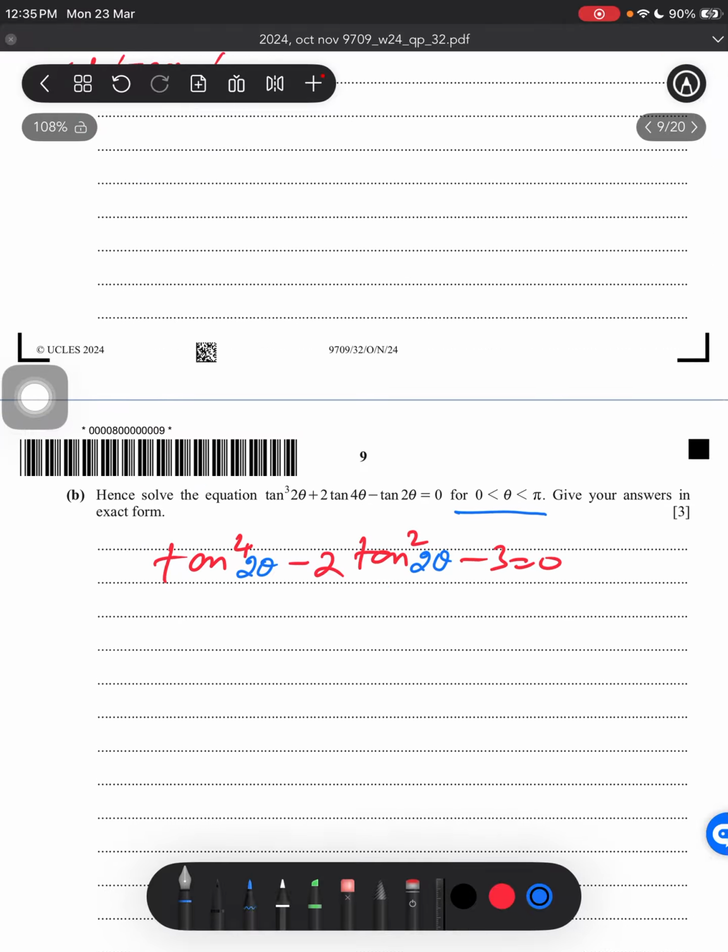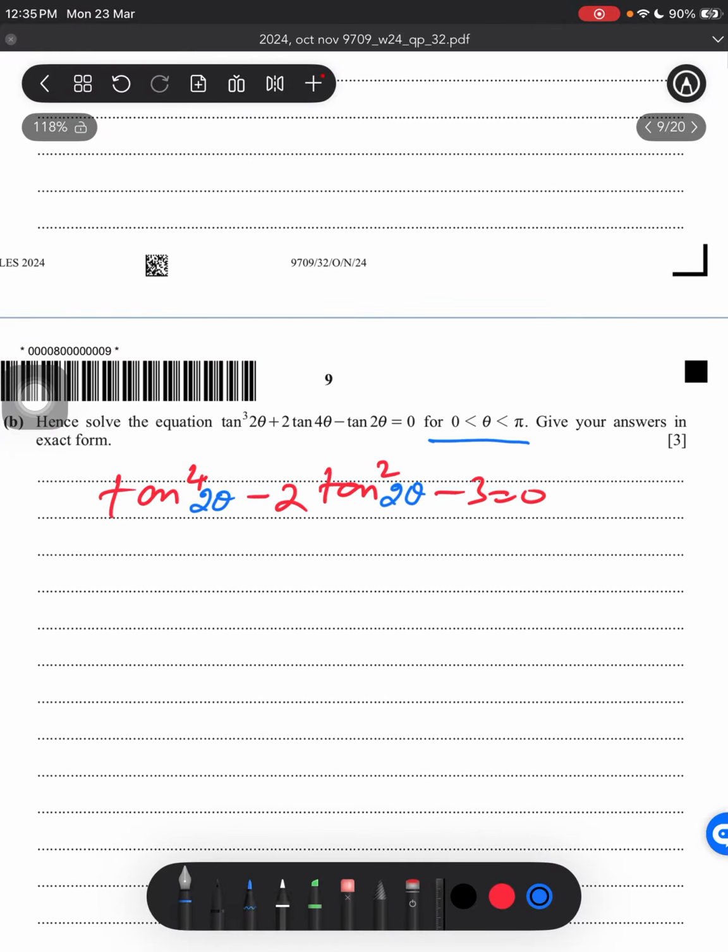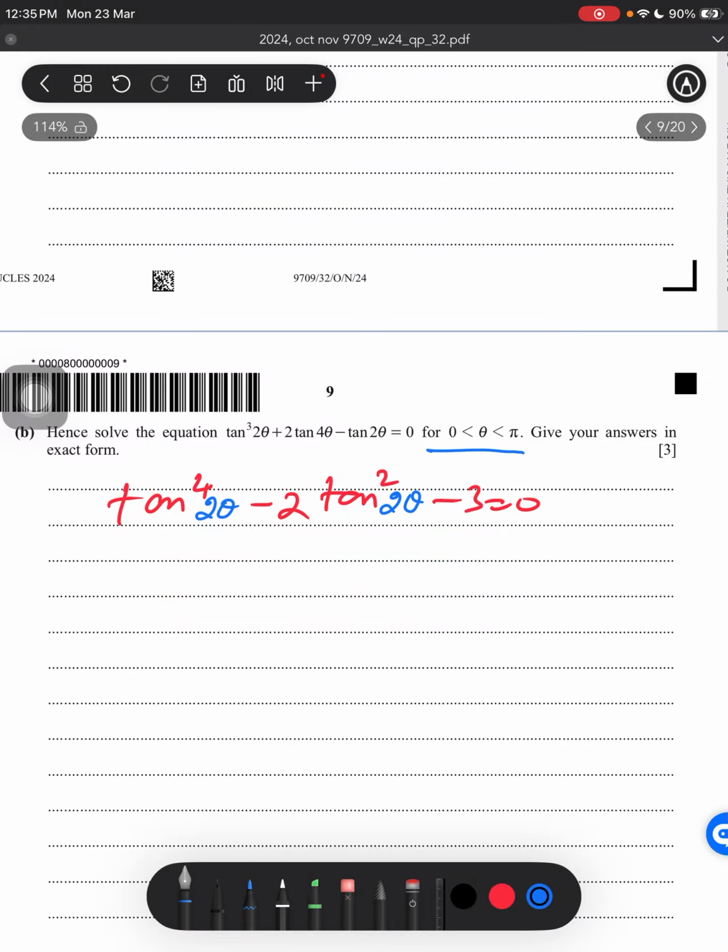So first of all, we can take the quadratic of this. Yes, that's a hidden quadratic equation. We can keep tan square of 2 theta as common.